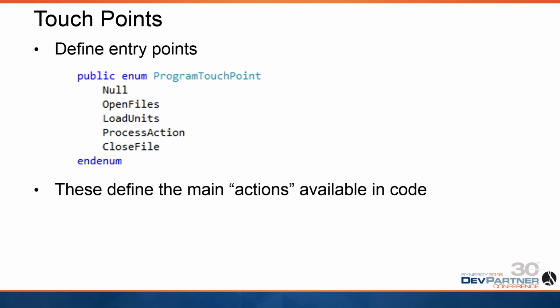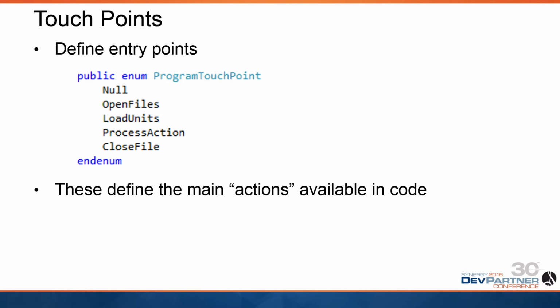I don't want you to do anything else, just want you to open the files. And I will call you again at some point in time that says, I want you to load units. And I'll call you again at some point in time, maybe many times repeatedly, that says, I want to process an action, process an action, process an action. And then at some point in time, I'll call you again and say, close the files, thank you very much. I might call you again to say, open the files and do all that process again, but that's immaterial.